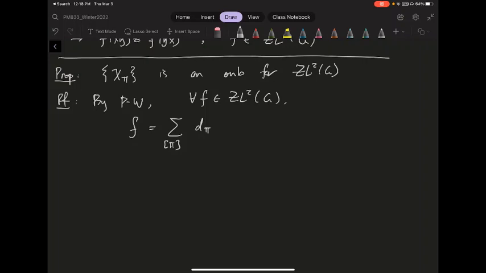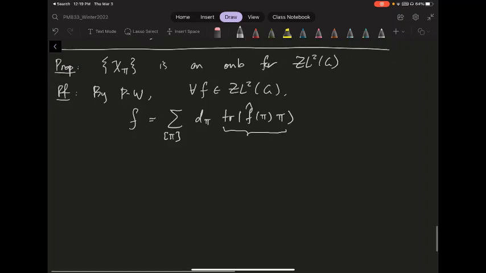You have d pi times the trace of f hat of pi multiplied by pi, and you can also say this is f convolved with chi of pi. But anyway, that's just from Peter-Weyl, and we need to better understand what is exactly happening inside this trace, and first, what f hat is.